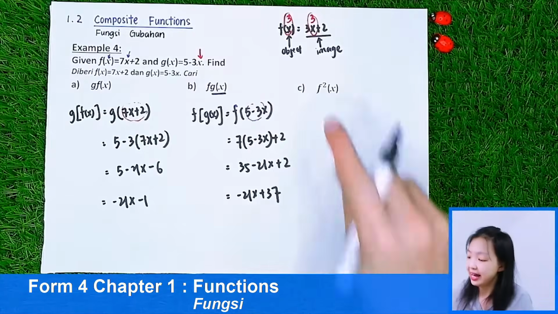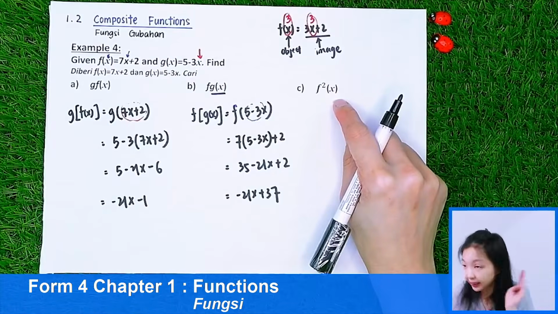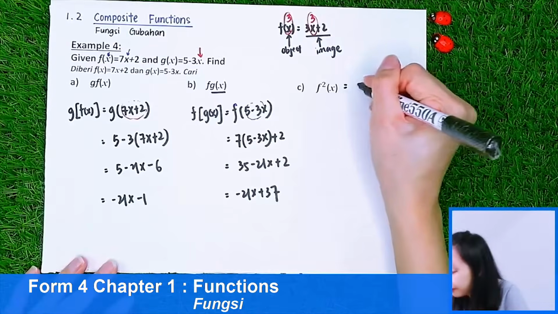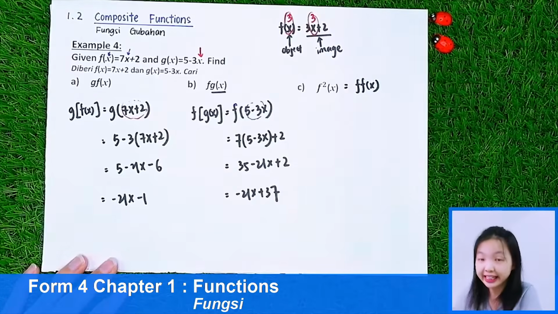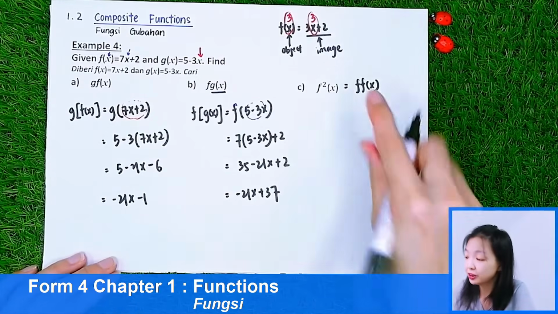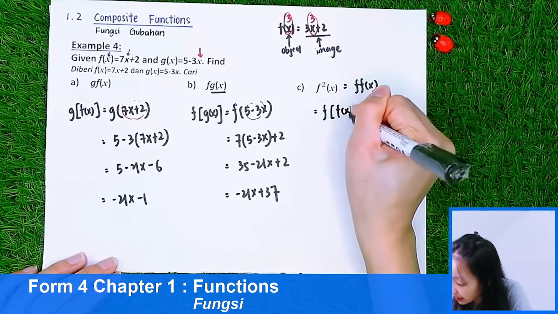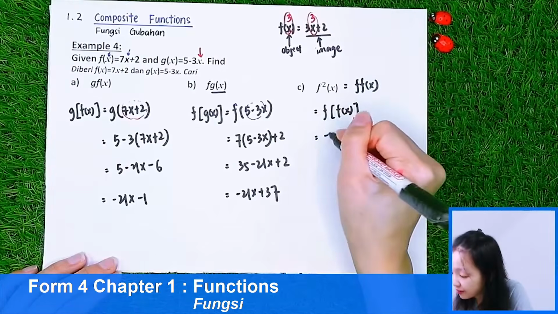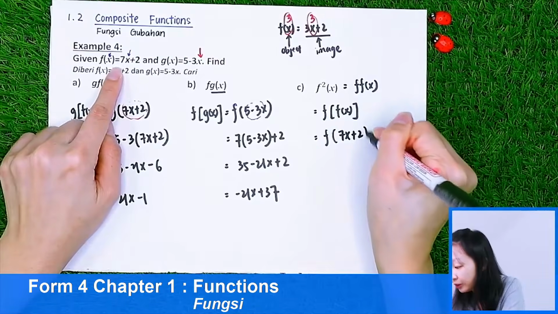Okay, f²(x). What does it mean? Not square. It's not square. It looks like this: double function f. So it is the same way. This is the object, so the function f is 7x + 2.